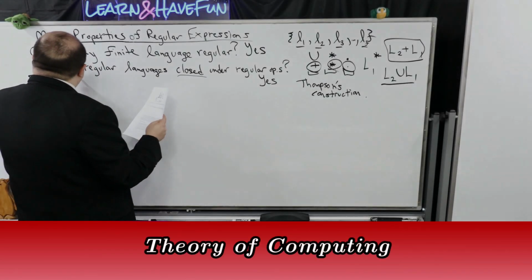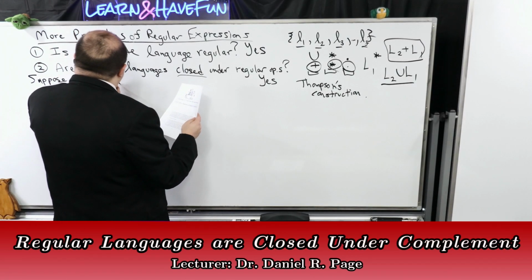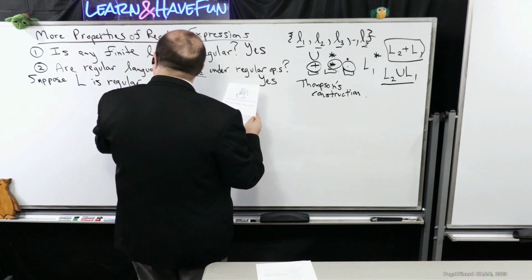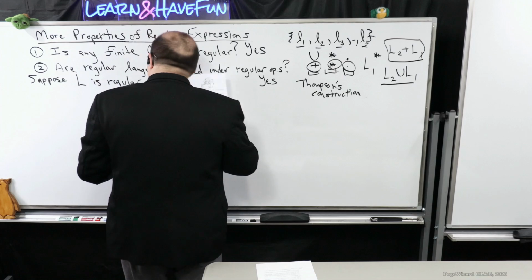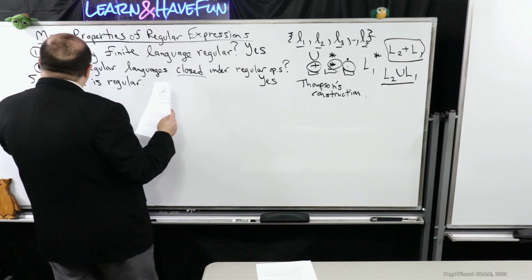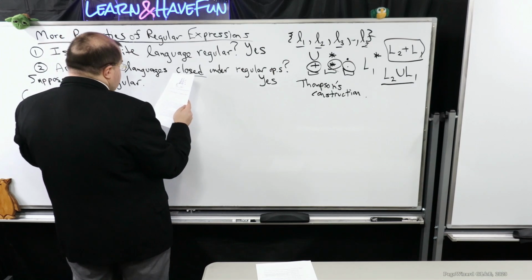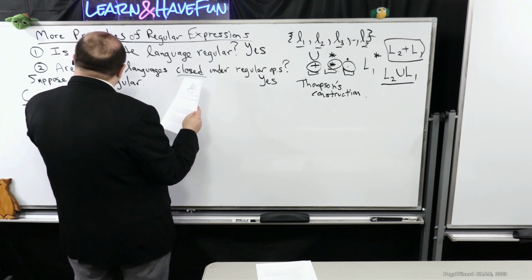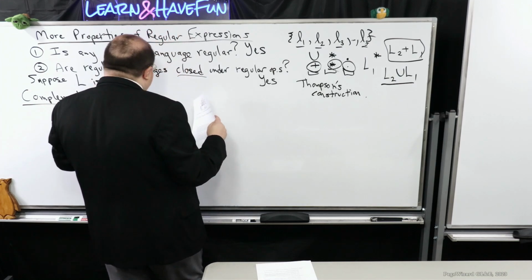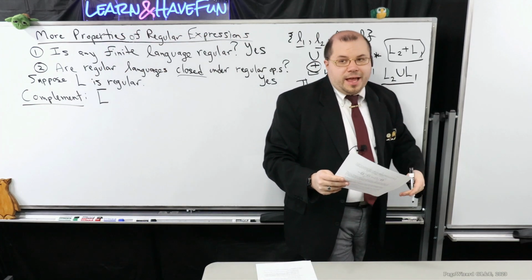Suppose I give you a language L, and it's regular. We're going to consider the complement of L, which I'll denote as L bar. You might ask, what is the complement of a language?